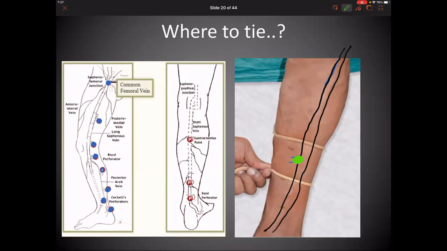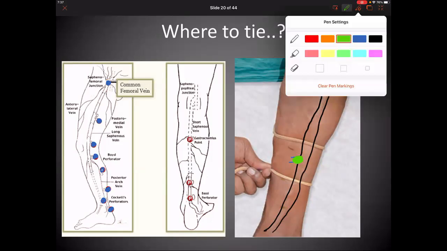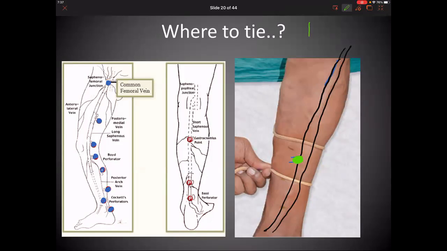That means if the perforators have a problem, blood which should normally flow, remember the picture of a perforating vein: this is the superficial vein, this is the deep vein. The normal direction is towards the deep vein. Please remember that the arrow is towards the deep vein.